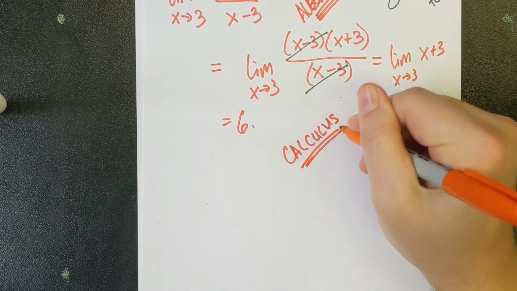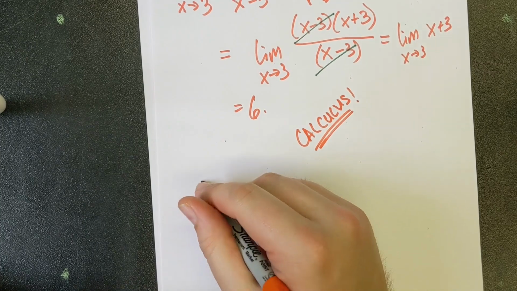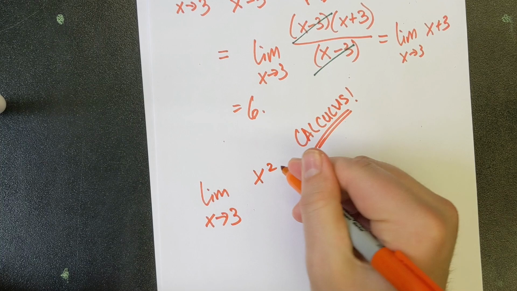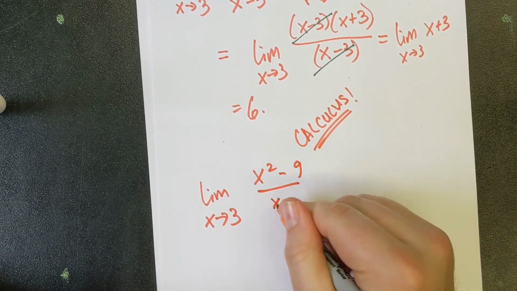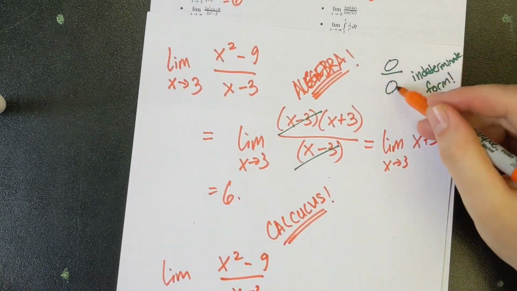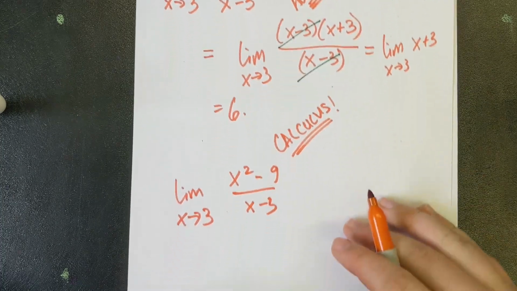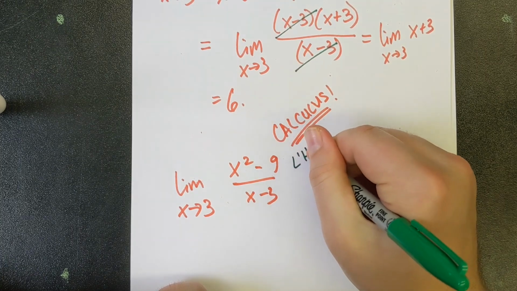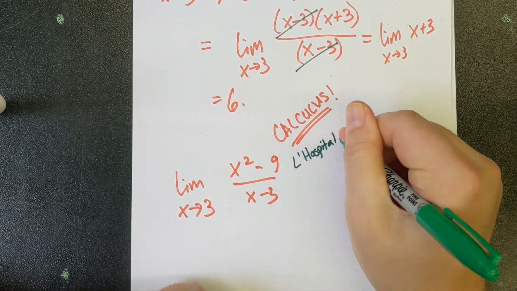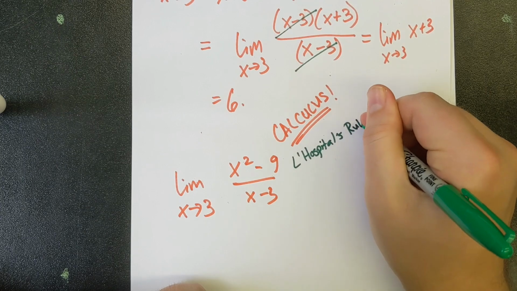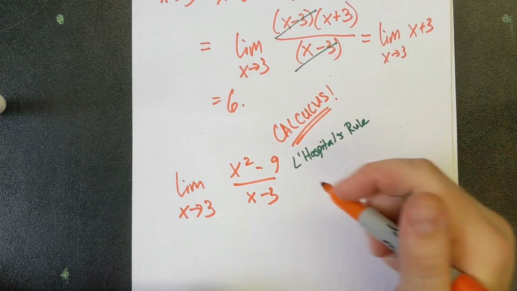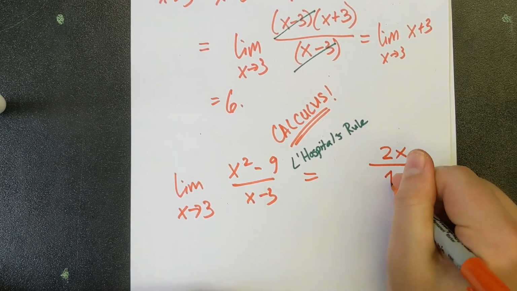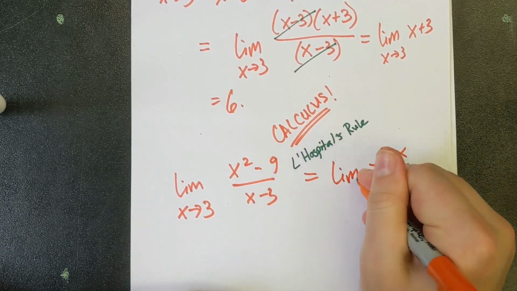So another way to solve this problem is you say, well, your limit as x goes to 3 of x squared minus 9 over x minus 3, because it's an indeterminate form, 0 over 0, we can use L'Hopital's rule. And recall, L'Hopital's rule says that we can take the derivative of the top, the derivative of the bottom, and this limit will be the same.